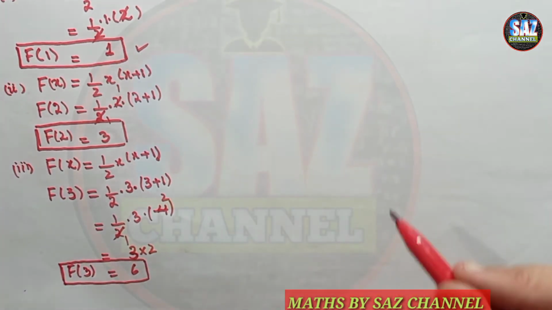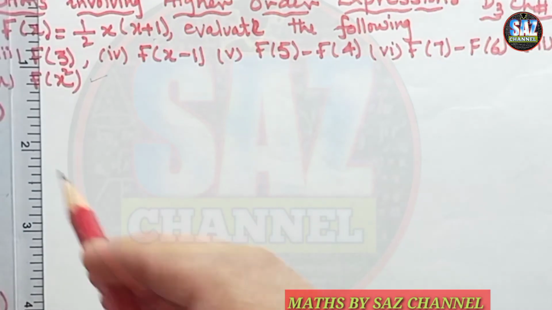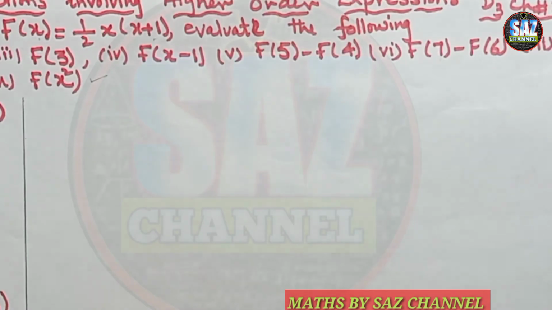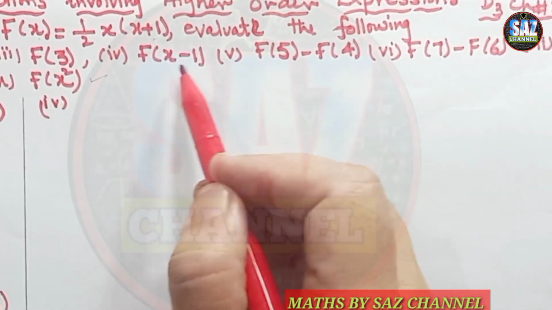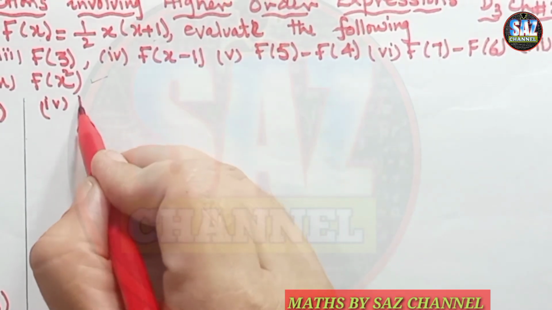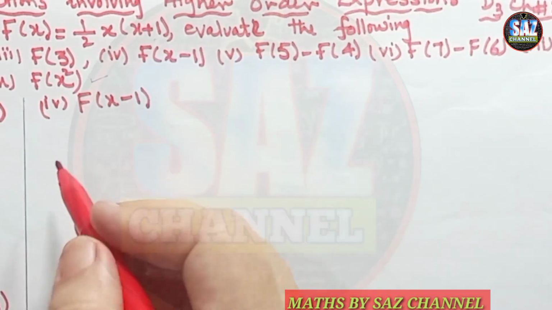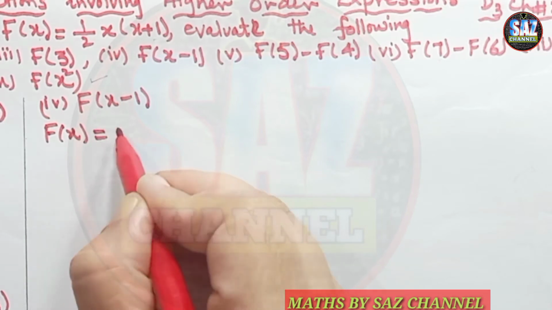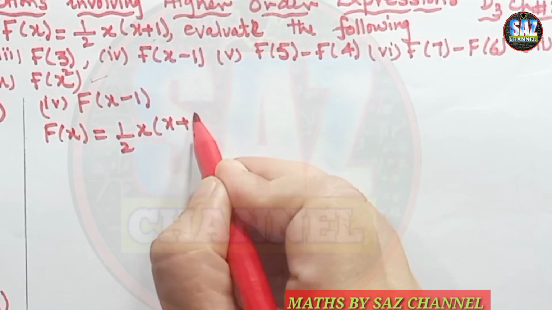Let's move to the next part of the question, and that is we have to evaluate f of x minus 1. Let's separate this area so that we should not have any confusion. Now the fourth part is that we have to evaluate f of x minus 1. F of x minus 1, take the original function, that is f of x equals half into x and x plus 1.